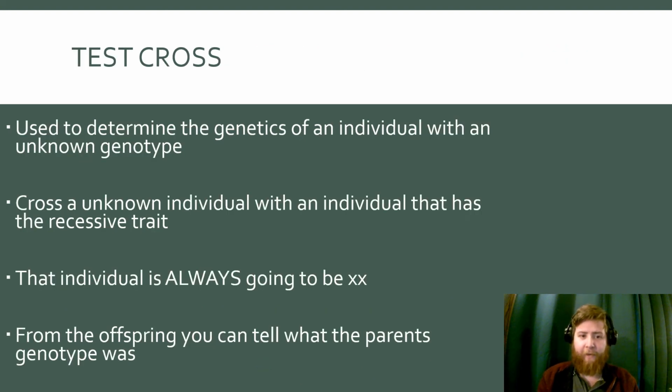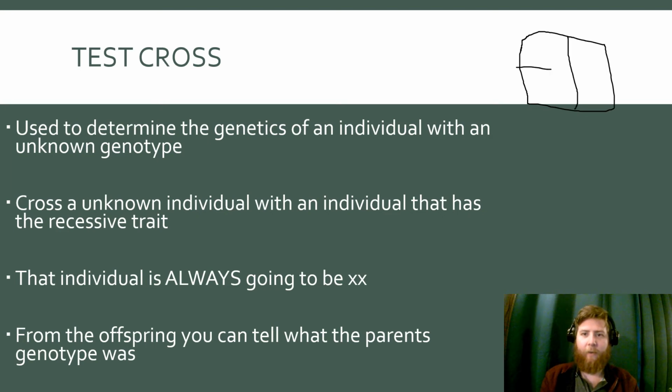So one thing that we can do now is we can do things like test crosses. If you don't know the genotype of an individual, you can use a test cross, and you can cross with an individual that has the recessive trait. So let's say you have a green pea pod and you want to know whether it's homozygous or heterozygous.